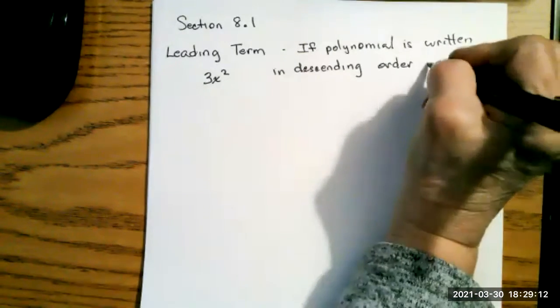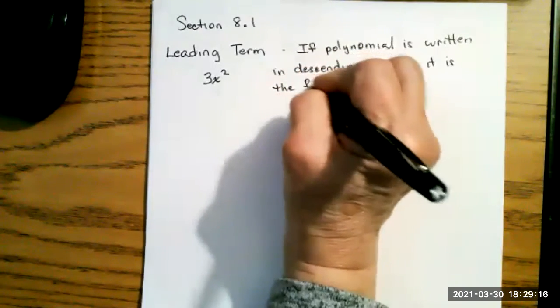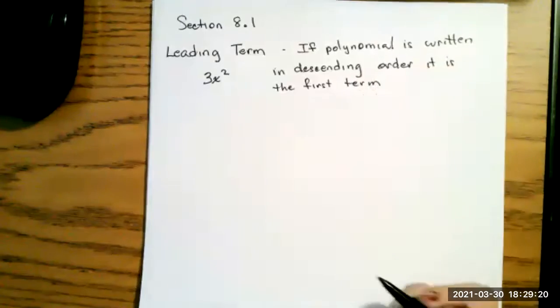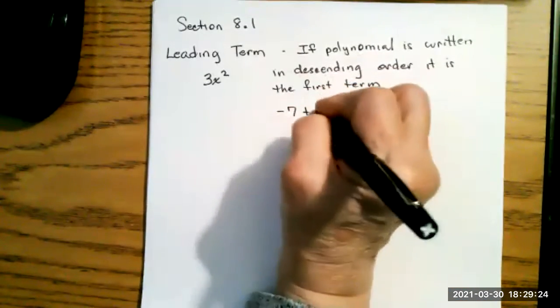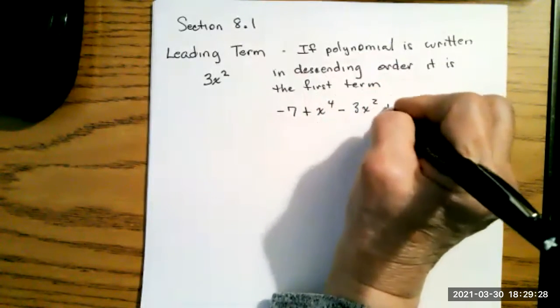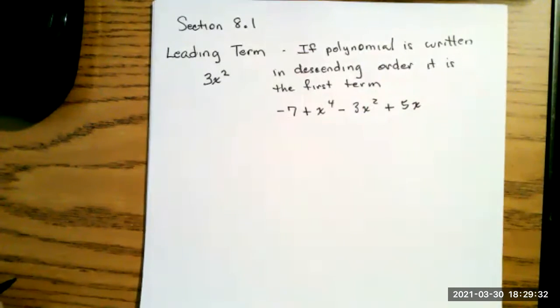It is the first term. So if I have a problem that's like -7 plus x to the fourth minus 3x to the second plus 5x, that's a polynomial, but it's not written in descending order.